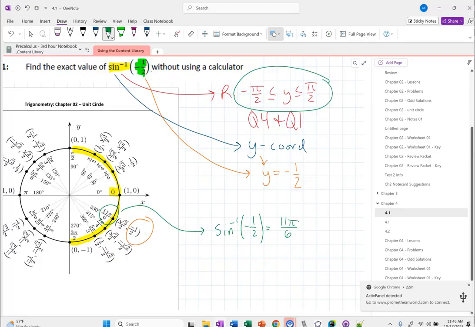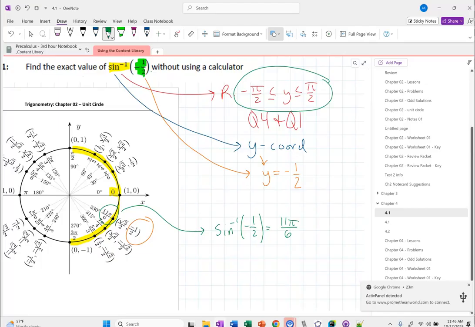So if our angle, our answer that we find on the unit circle, doesn't fall in the proper range, then an angle coterminal to it should. How do I find an angle coterminal? So we add or subtract 360, but we're in radians, so it should be 2 pi, which is 360 degrees in radians.